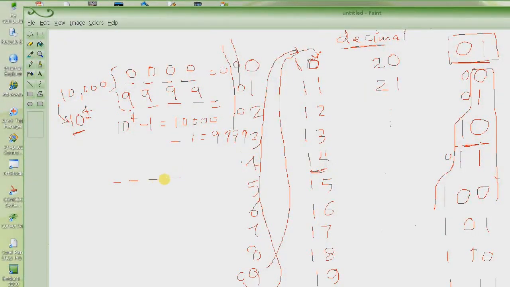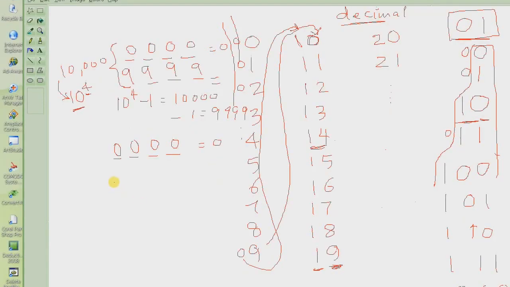That's all I can put in. Only 2 digits available here, right? What is the smallest number we can make? 0 0 0 0. And what is the largest number that we can make? It's 1 1 1 1. This is the largest number that we can write in the binary number system.